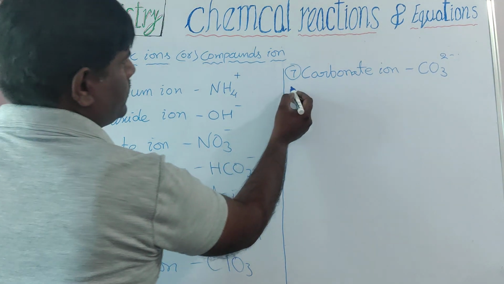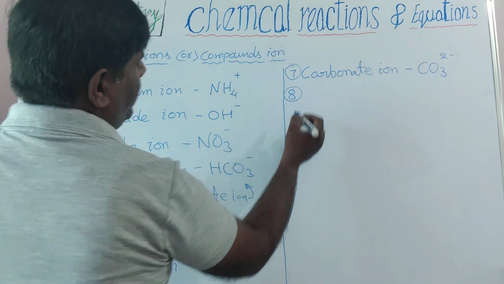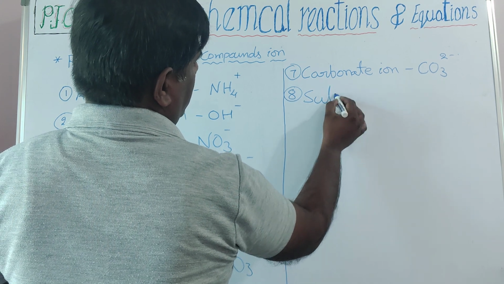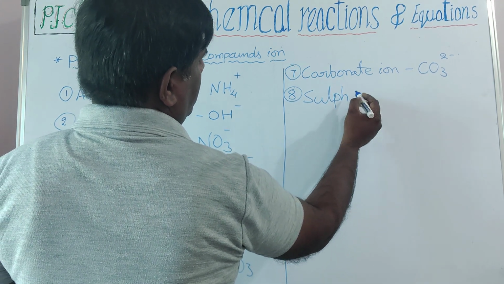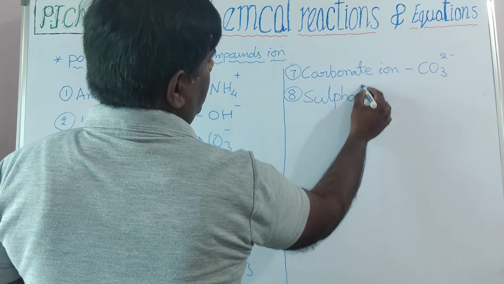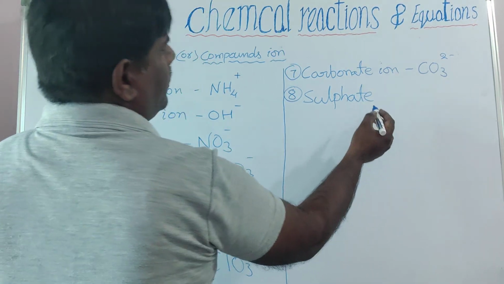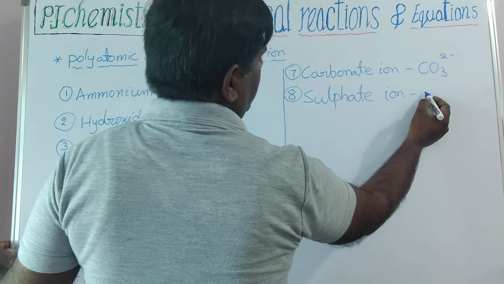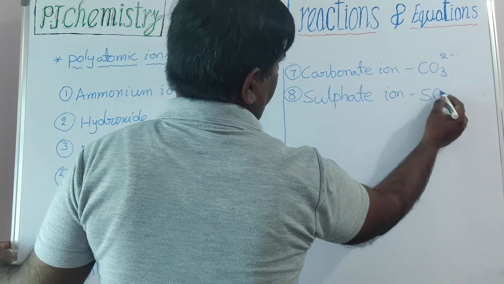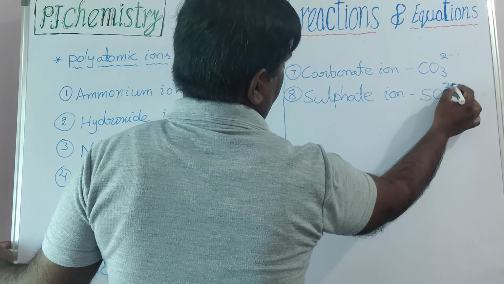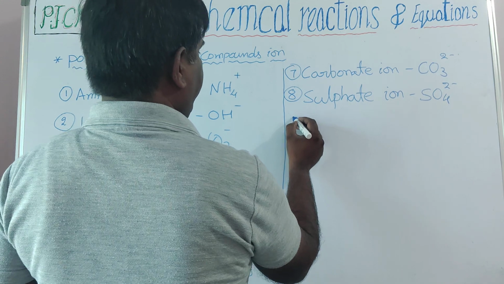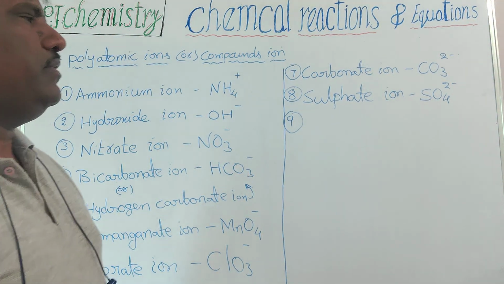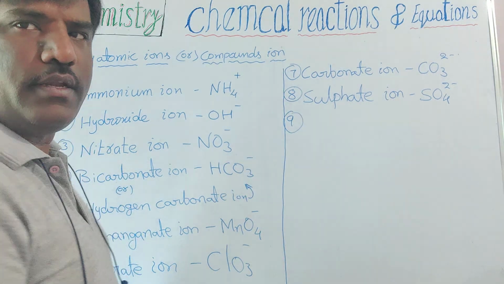Sulfate ion, SO4 2 minus. Next, dichromate ion.